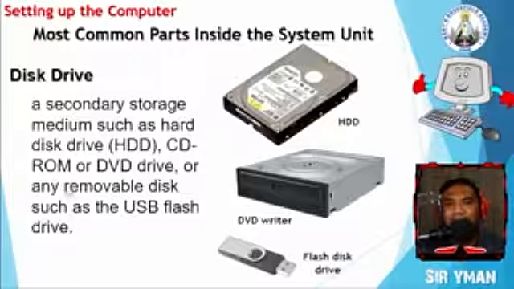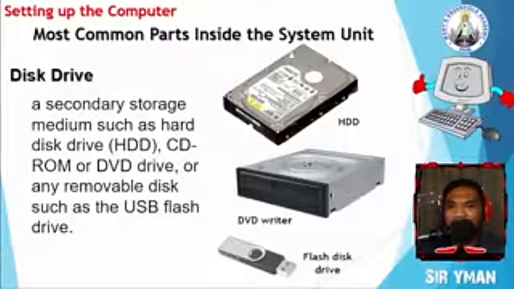So this time, this drive is the secondary storage or the secondary memory of our computer. So pwede siyang maging hard disk drive. Pwede siyang maging CD-ROM or DVD drive, or any removable disk such as USB flash drive.